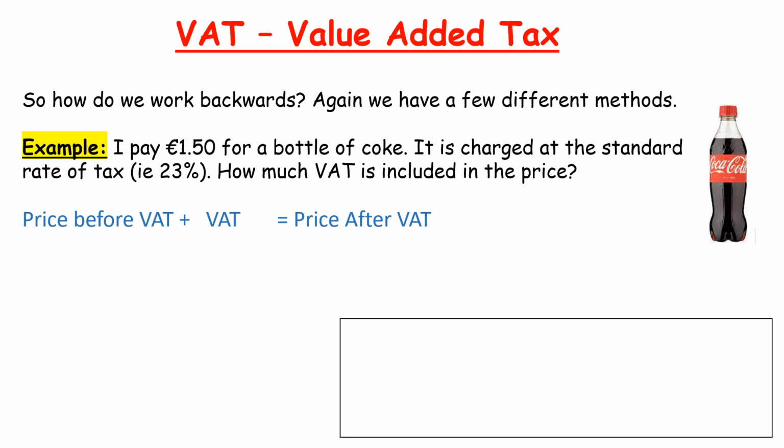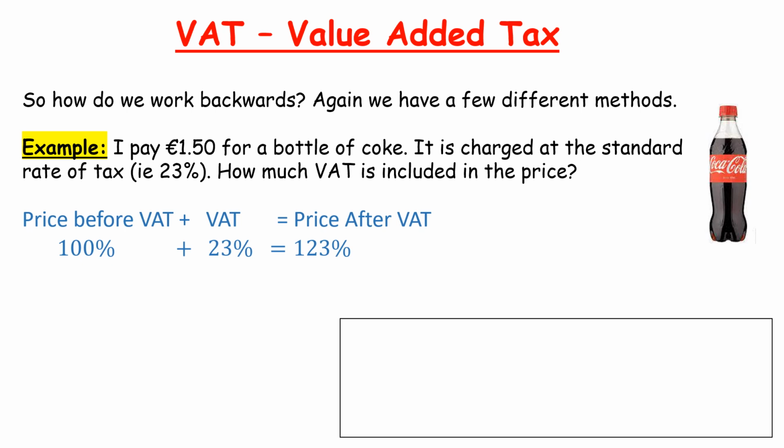Now, I'll always start this with percentages. So the price before VAT is 100%. That's the whole amount. We then add on 23% of that. And the price after VAT then is representing 123%. And that's the piece that means I can't find 23% of that and work backwards because it's not 100%.